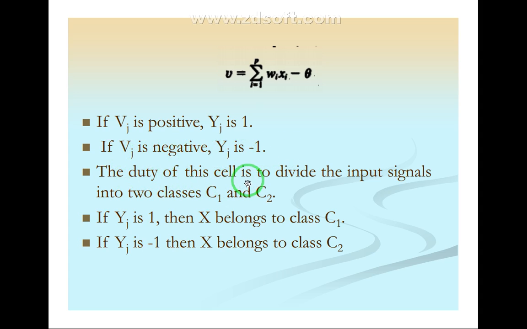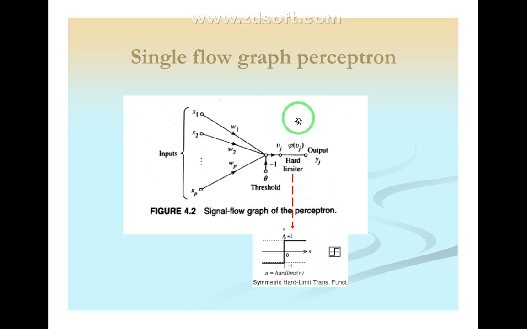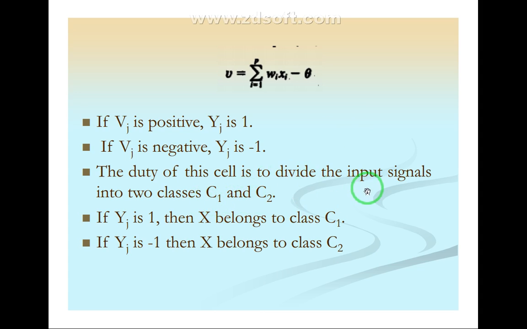The duty of this cell is to divide the input signals into two classes, C1 and C2. So this single layer perceptron with respect to the hard limit transfer function can divide the input signals into two classes, C1 and C2.